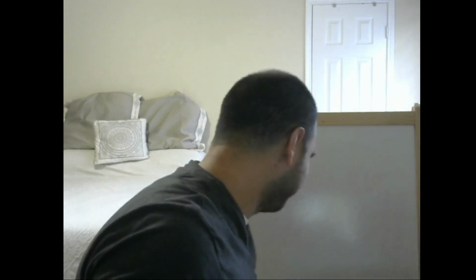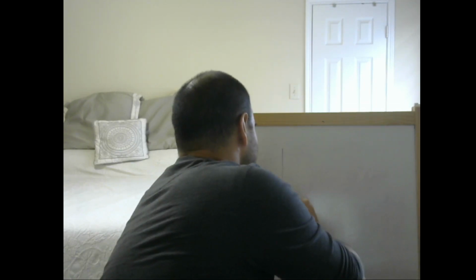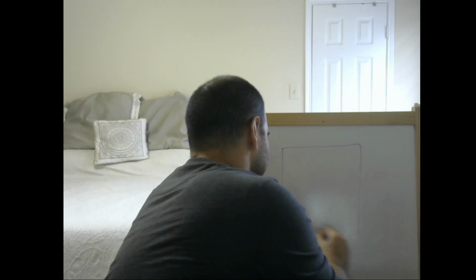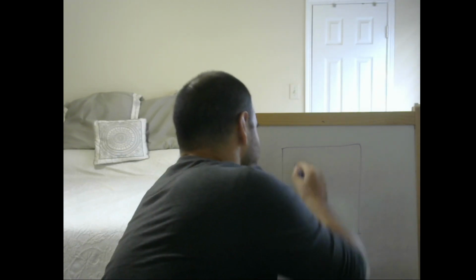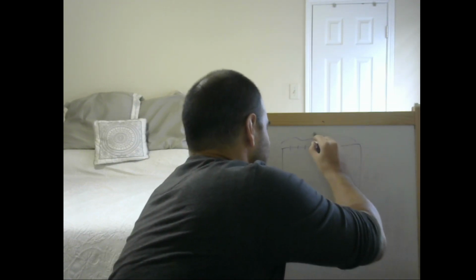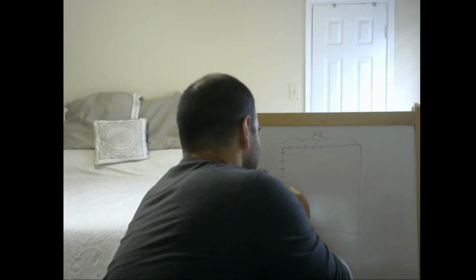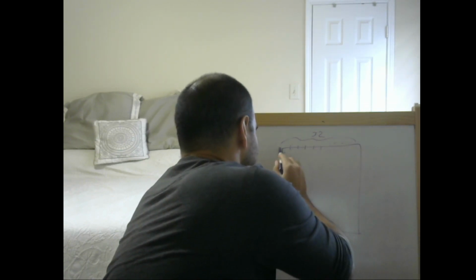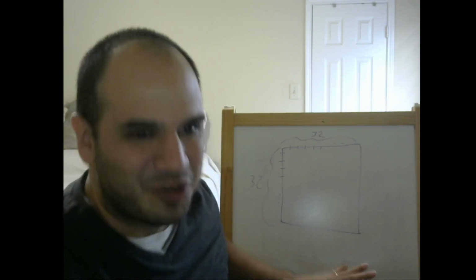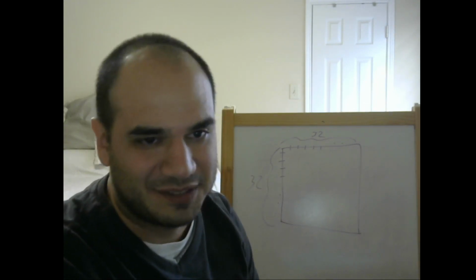So imagine a grid. So imagine a pixel grid of 32 by 32 black and white pixels.